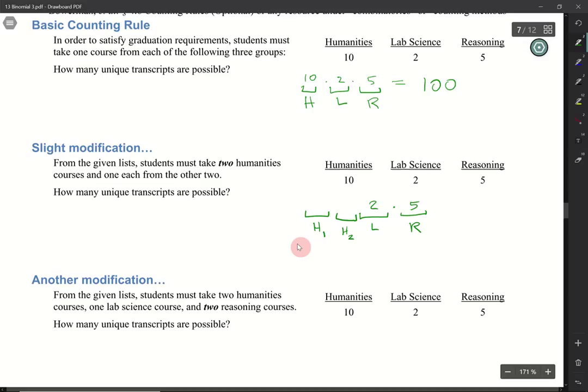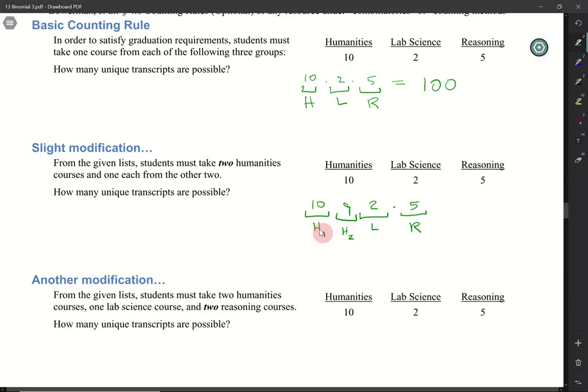For your first humanities class, how many choices are there? 10, all of them are possible. Now, what about your second humanities course? Only 9 are possible. Why? Because whatever that one was, you cannot take it again.